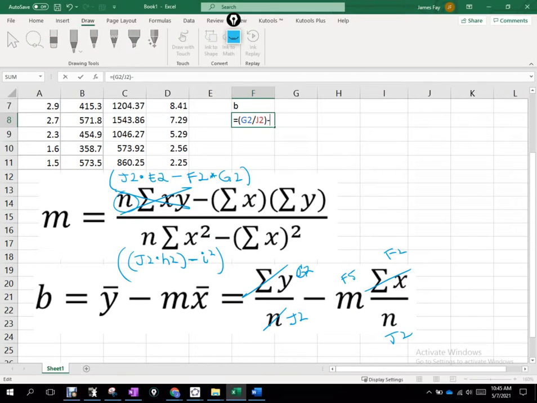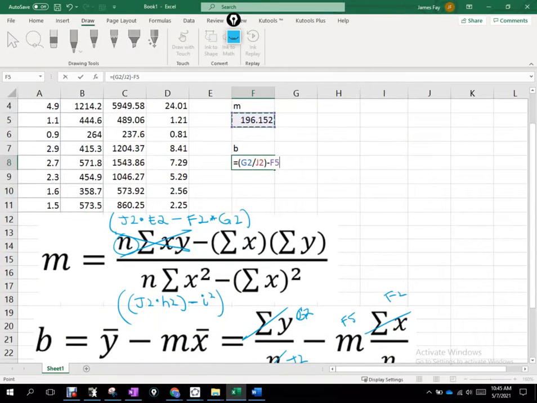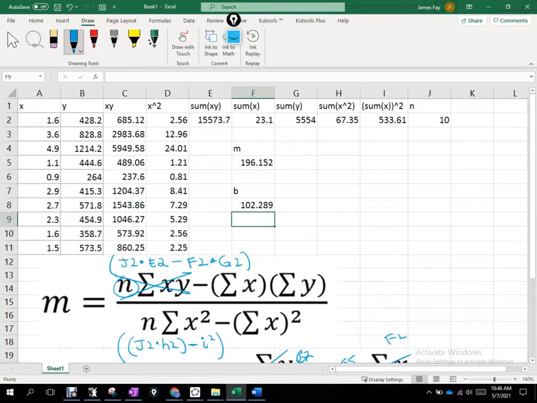Now it'd be minus M, which was that cell right there, times F2 divided by J2. And like I said, it doesn't know implied multiplication, so I've got to put a multiplication sign there. And that should give me the correct B value. Okay? Is that all right with everybody? And you can probably program that, I know you can, to put these together and actually write your line.